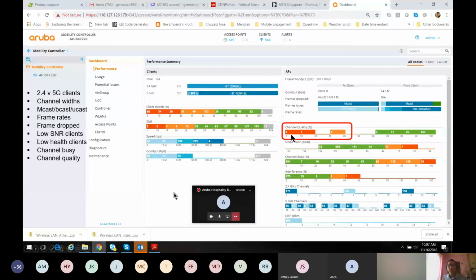As I mentioned earlier in site survey, when you can see that the AP in a room is covering like three to four rooms to the left and to the right, then when you deploy, you're likely going to see a high number of APs with a high percentage of channel busy.